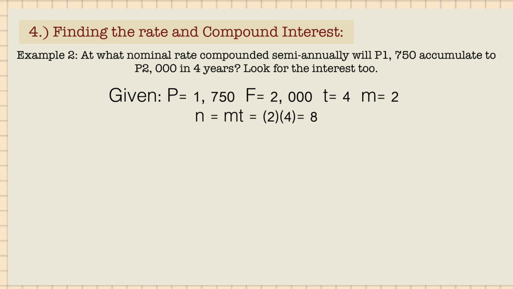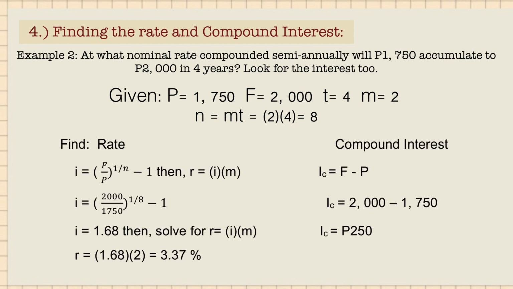We have our N, which is M times T, or 2 times 4 is equal to 8. Now we are supposed to find the rate. Now, we have another formula, which is I is equal to F over P raised to the power of 1 divided by N, minus 1, then R is equal to I times M. Now, following the formula, we substitute it as open parenthesis 2,000 over 1,750 close parenthesis raised to the power of 1 over 8 minus 1.